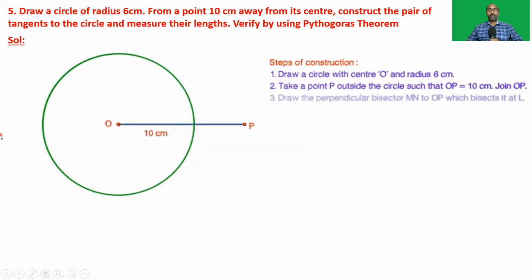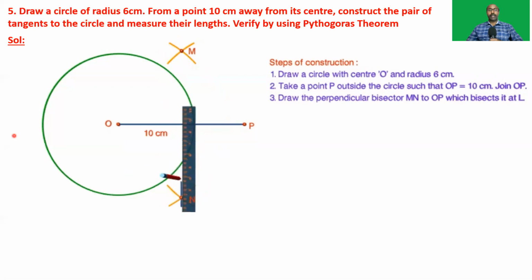Now draw the perpendicular bisector to OP. So construct arcs of equal radii from O and P on both sides of OP. Now by joining these intersection points, we get the perpendicular bisector of OP.